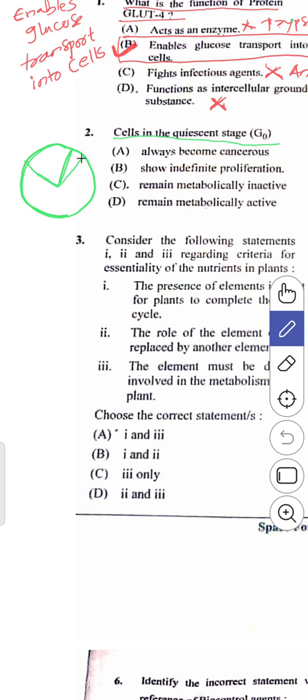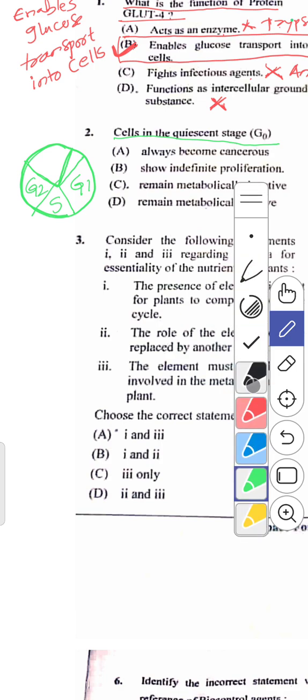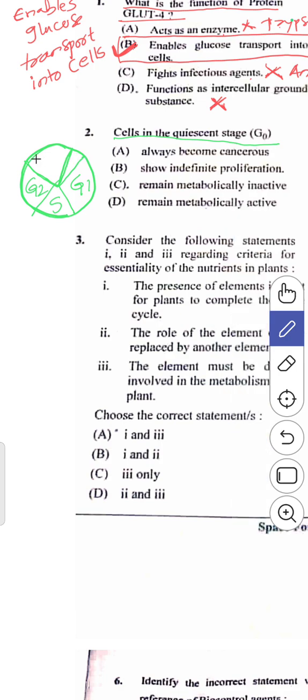In interphase, you will get three divisions, that is G1 phase, S phase, G2 phase. Then in the M phase, you will come across four different PMAT stages: prophase, metaphase, anaphase, and telophase. Then here it will be called as G0 or the quiescent stage.